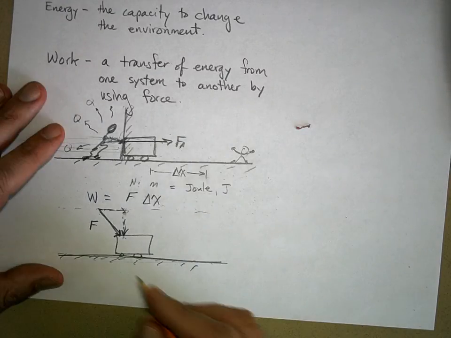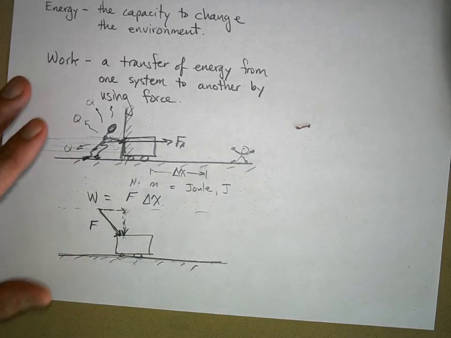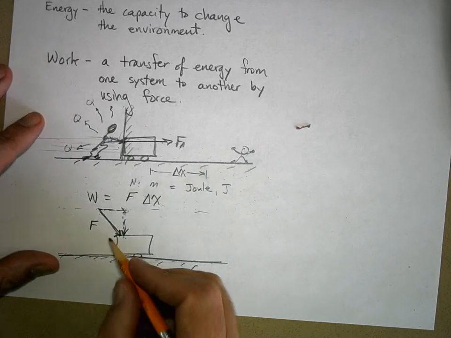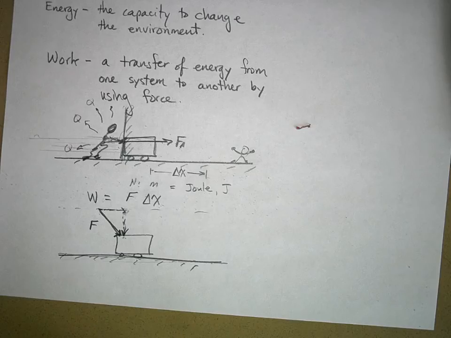So really what I'm saying here is that, for a force, only the component of the force that's in the same direction as the displacement is actually transferring energy into the object. That we're actually doing work.